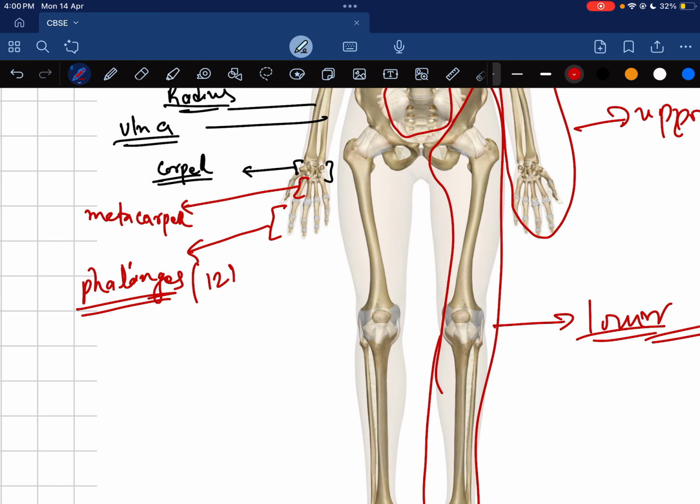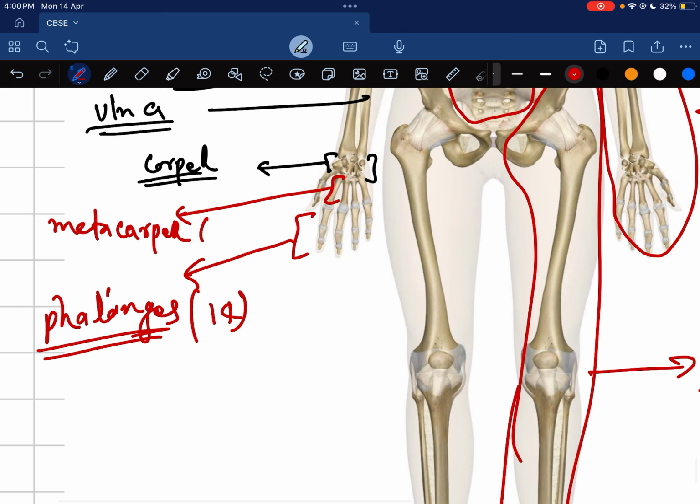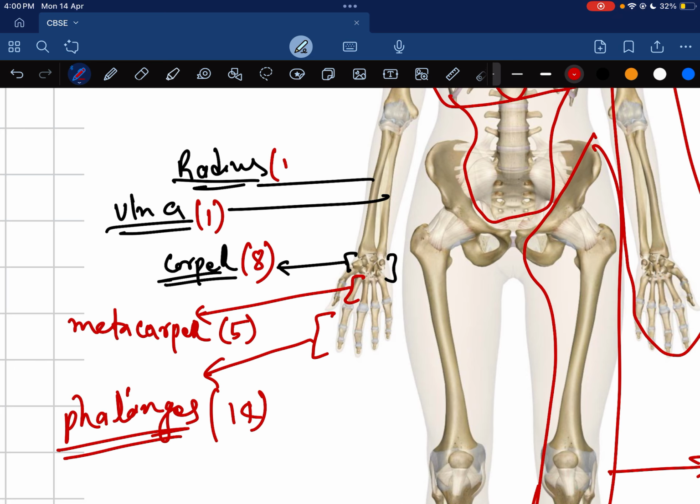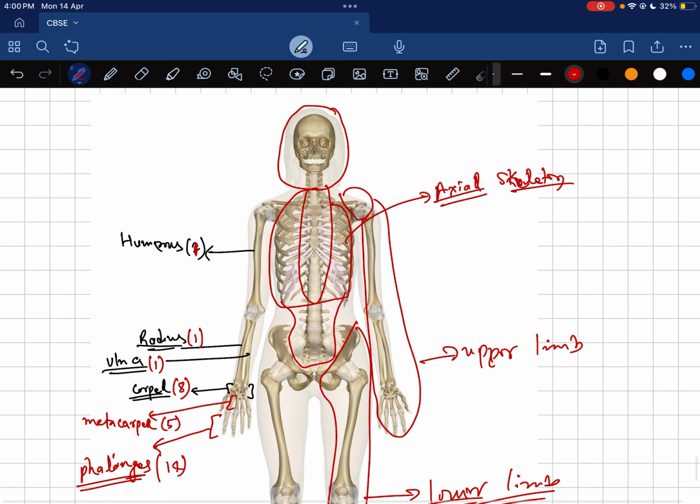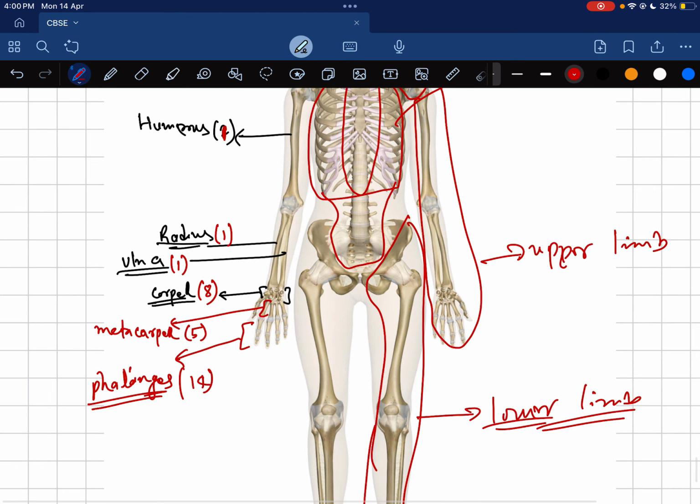In one hand there are 14 phalanges. In the metacarpals, in one hand we have 5. Then carpals 8, 1 ulna, 1 radius, and 1 humerus. So we can multiply like that. It is 13 in number when we count, and in both hands 13 into 2, 16 bones we have covered.